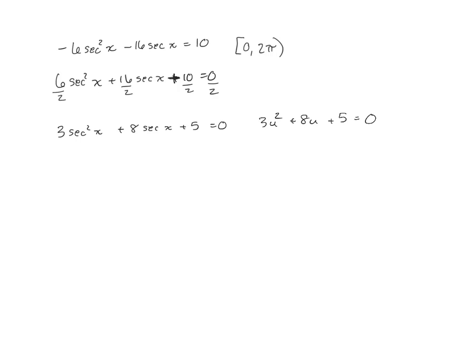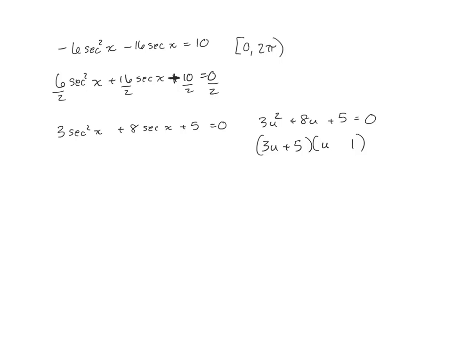The question is, can we factor that? This looks like a quadratic, and so I'm going to guess and check. I know I need a 5 and a 1 on the end, and I have a 3u and a u. Let's guess this.